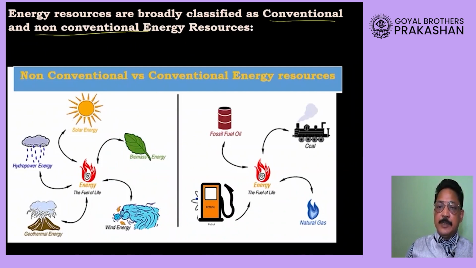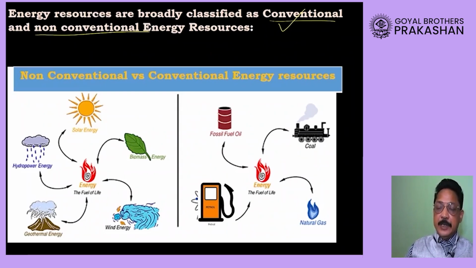Most of you will say we are using natural gas for cooking food. Do we use solar energy for cooking food? Yeah, we use it, but in a very limited quantity. It means the ones we are using on a very large scale, which are easy to use in our day-to-day life, we call such energy resources conventional energy resources.